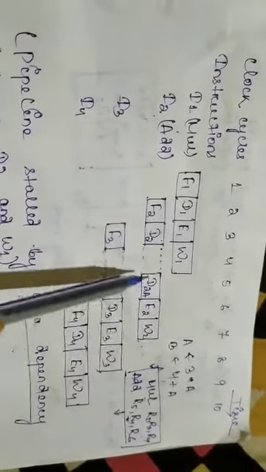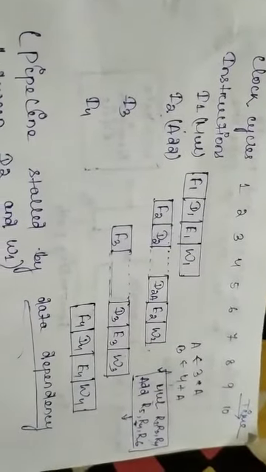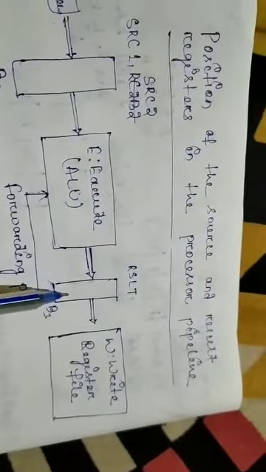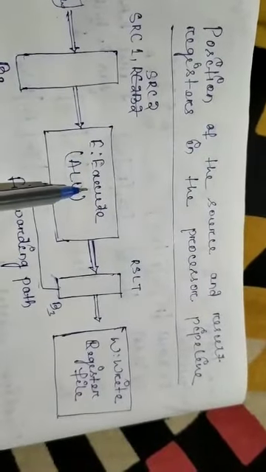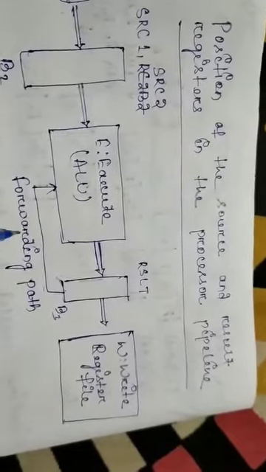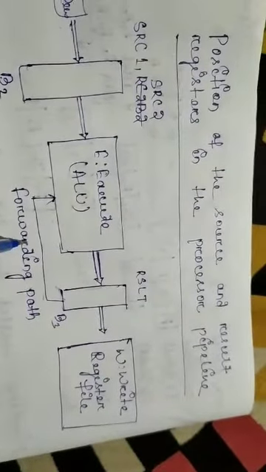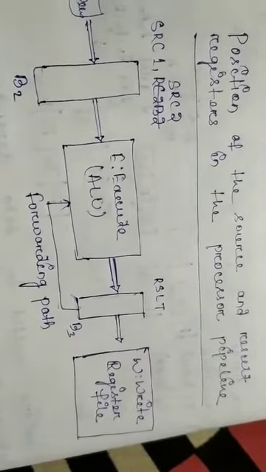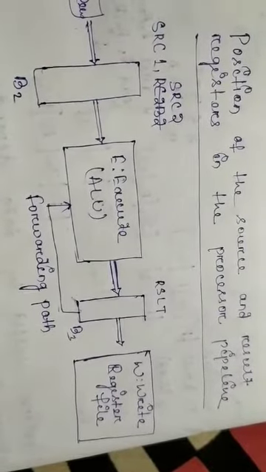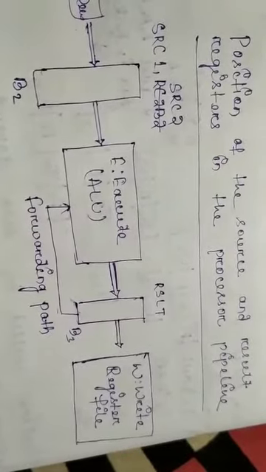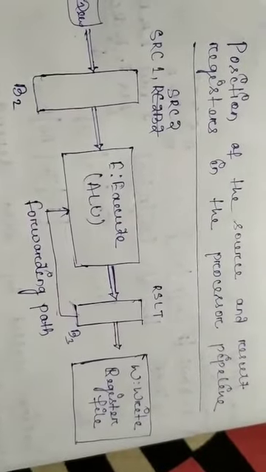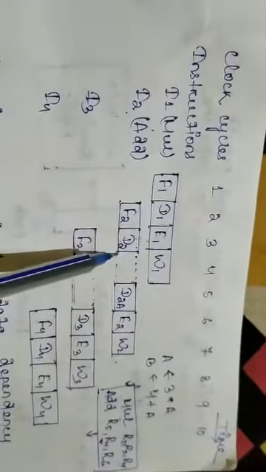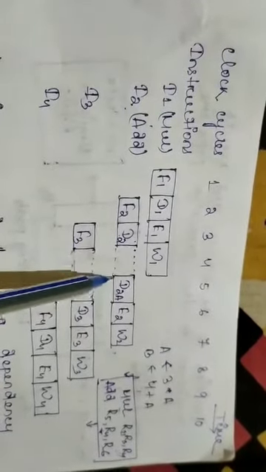It can easily get the data from the result register to the execution unit again through this forwarding path. Hence, without going to the write operation, we can continue the E2 stage immediately after stage D2.